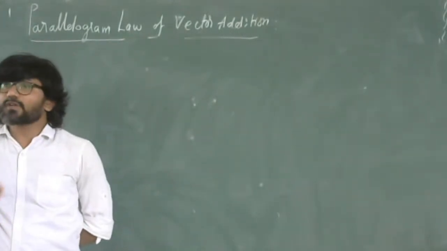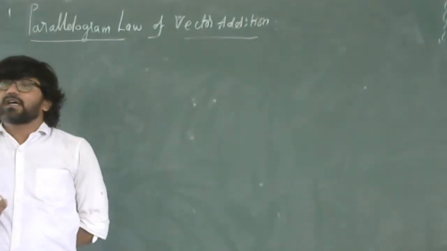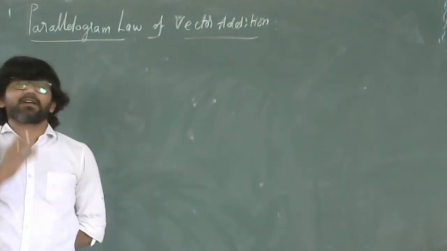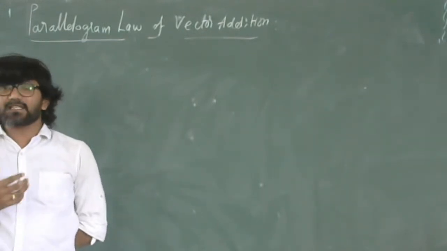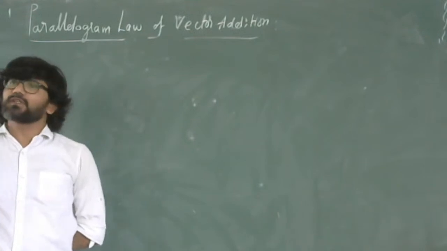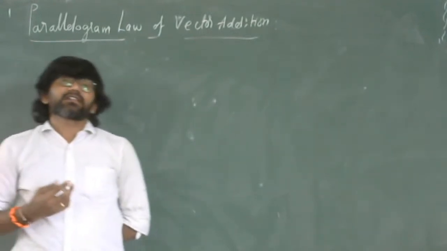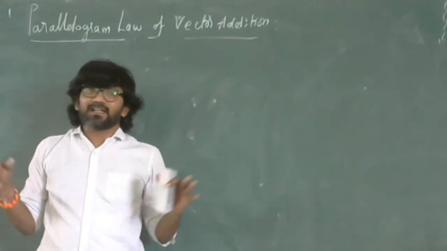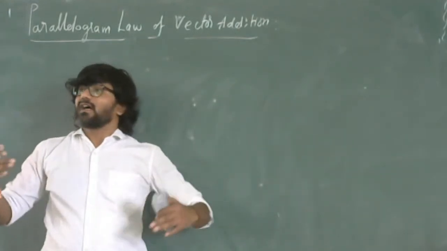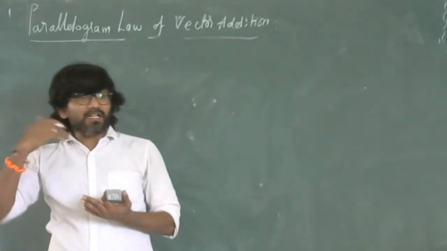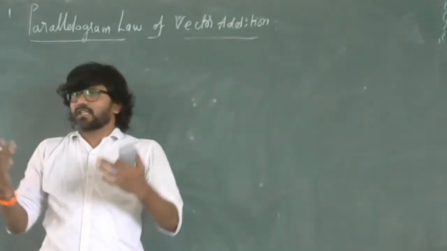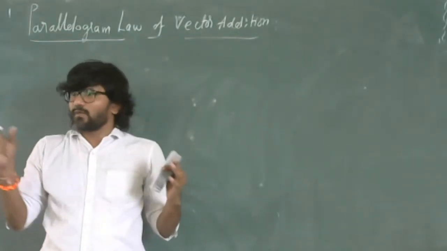Before going ahead, I would like to first give the statement of this parallelogram law, what it states and how we can make use of that statement to find the sum of two vectors, the resultant vector, and then how to find its magnitude and the direction of the resultant vector. We will see these points one by one.